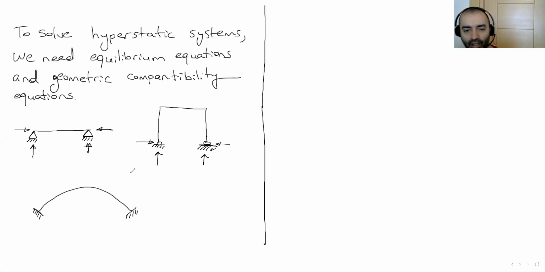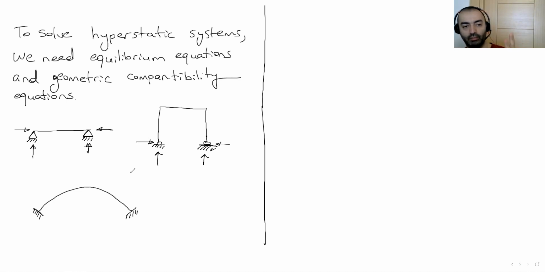Let's have a look at the first beam. How many unknowns do I have? 1, 2, 3, 4. I have 4 support reactions, but at the end of the day, I have 3 equilibrium equations. So I can't solve for 4 unknowns with 3 equations. I need one more equation.